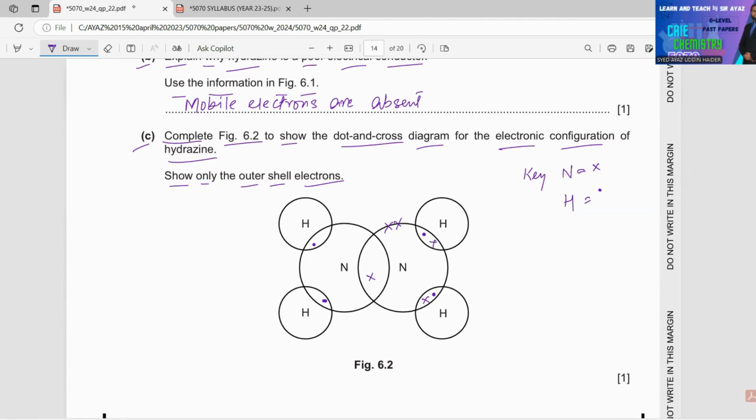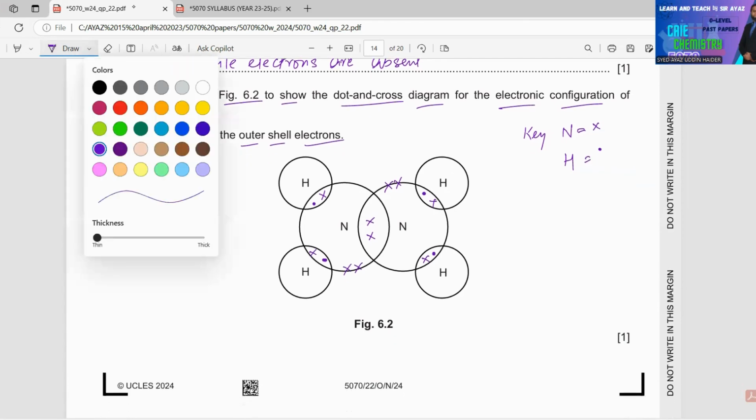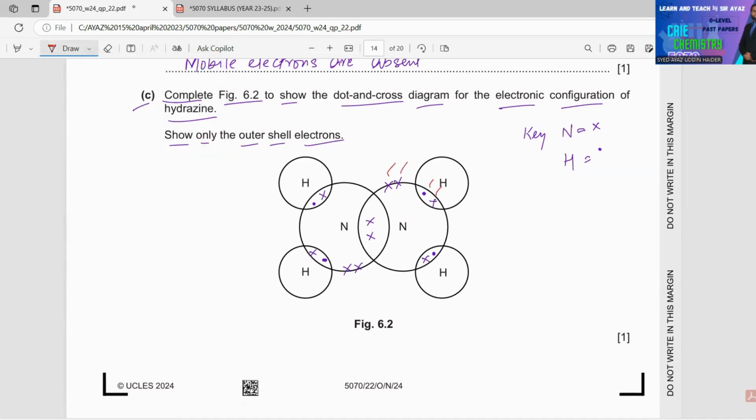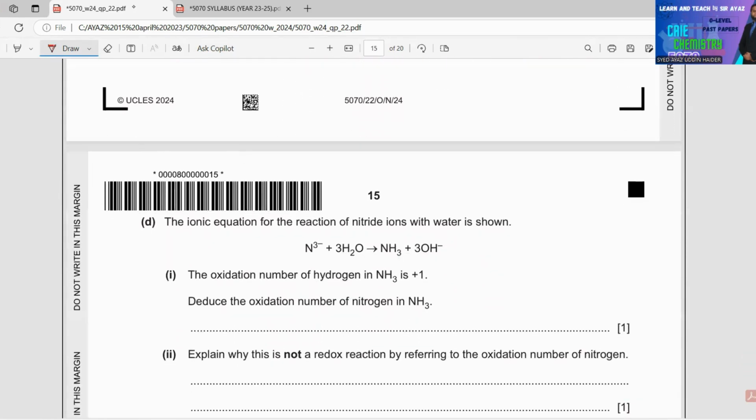For left hand side, 1, 2, 3, 4, 5. So if you count the total number of electrons in each of these circles, for each nitrogen it should be 8. For the left hand side, also 8. And for each hydrogen atom, there will be 2 electrons. Moving to next part.